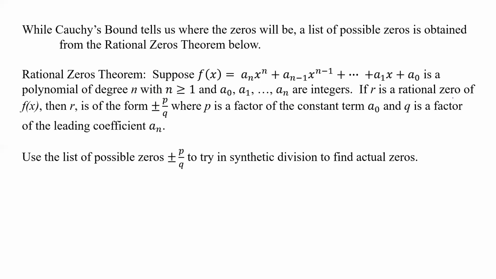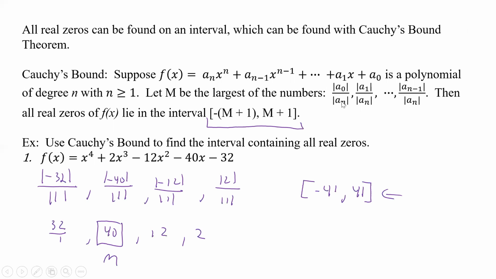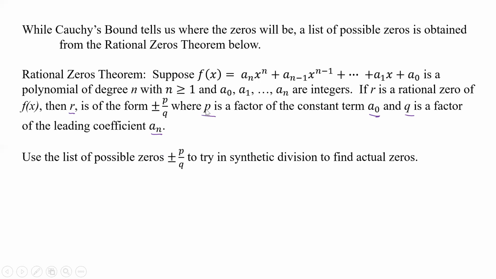If r is a rational zero of f of x, then r is of the form p over q, where p is a factor of the constant term a naught, and q is a factor of the leading coefficient a sub n. Kind of like what we had before, we took a naught over a n, except now we're calling it p over q.